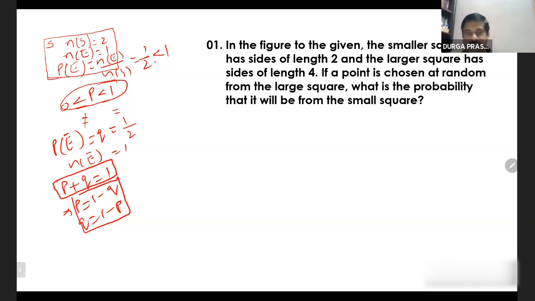So, what is the experiment? The experiment is tossing a coin. If I toss a coin, I may get either head or tail. So those are the two events. Suppose I toss two coins. Then you have 4 events. What are those 4 events? I may get both coins showing head, or first coin head and second coin tail, or first coin tail and second coin head, or both coins showing tails.